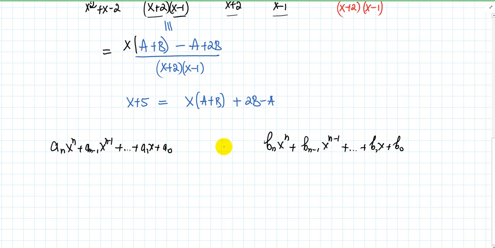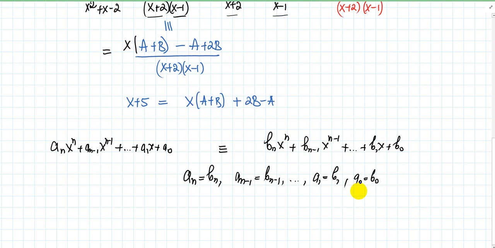We call these two polynomials equal if every corresponding coefficient on the left-hand side is equal to the corresponding coefficient on the right-hand side. Basically, a_n is equal to b_n, a_(n-1) is equal to b_(n-1), and so on, a_1 is equal to b_1, a_0 is equal to b_0. So if all the coefficients in front of the powers of x are the same, then we call these two polynomials equal. Okay?